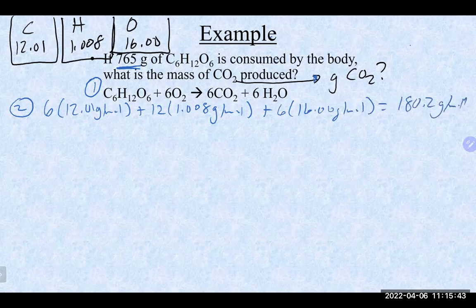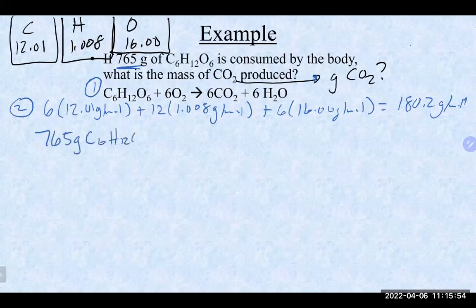And we're going to use that to convert our grams into moles. So we will take our 765 grams of C6H12O6. We're going to have the grams on the bottom so that they cancel.